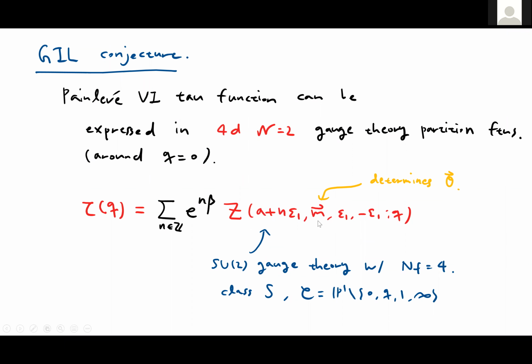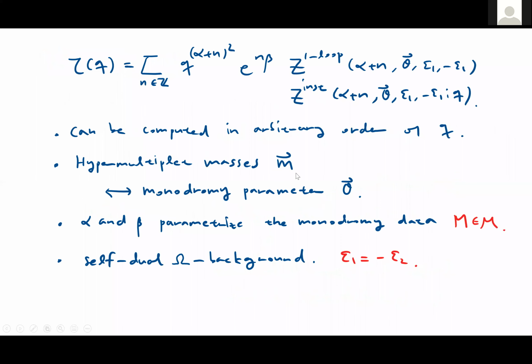For example, I wrote m here, but it's really m over epsilon1, which is identified with these theta parameters. And this alpha here is a over epsilon1. Is it clear? Yes. Okay, thanks.